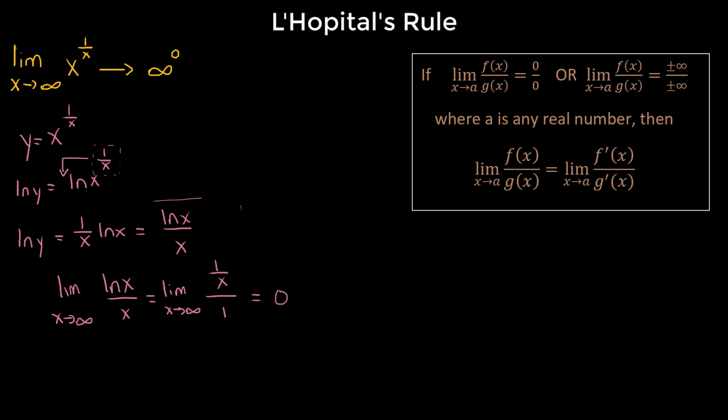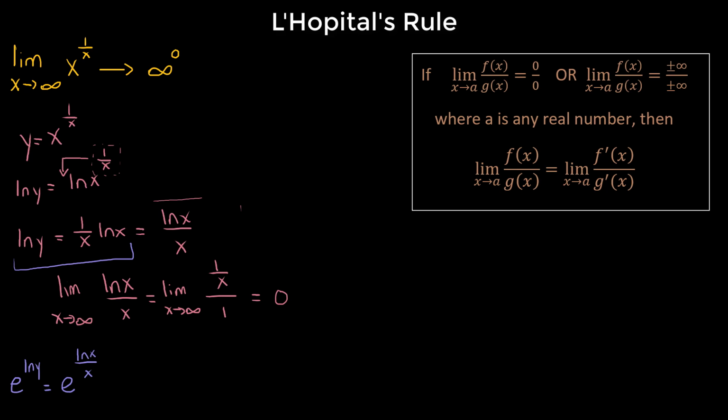However, take a look at this. If we wanted to get y by itself, we would essentially need to transform each side to a base of e. So here's what I mean. I'm going to work with what we had earlier. What we can do is make the base of each side e. So we would have e raised to the power of ln y equals e raised to the power of ln x over x.